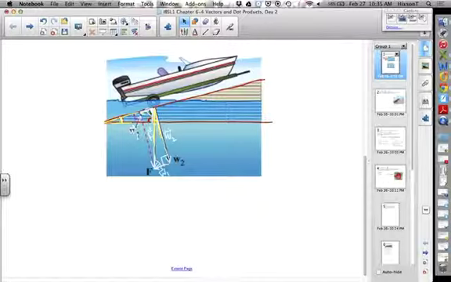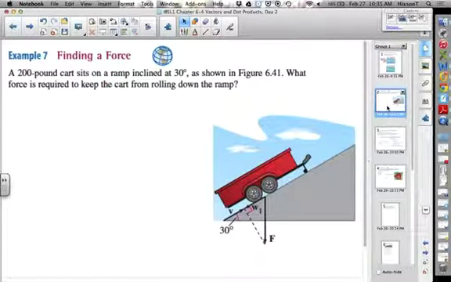Now I wanted to take a problem we had kind of worked through before a little bit, and I wanted to break down the diagram a little bit more because now I want to actually use this to solve a problem. So here we're going to find the components of force involved in the situation.